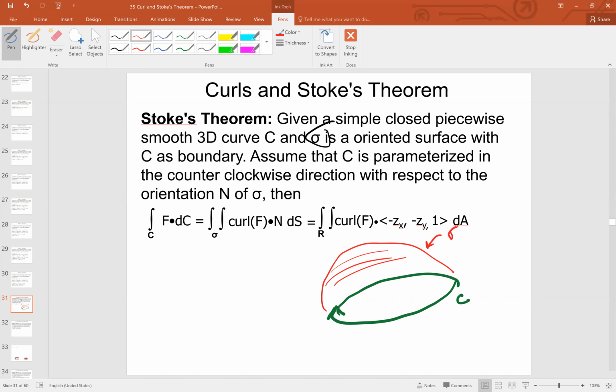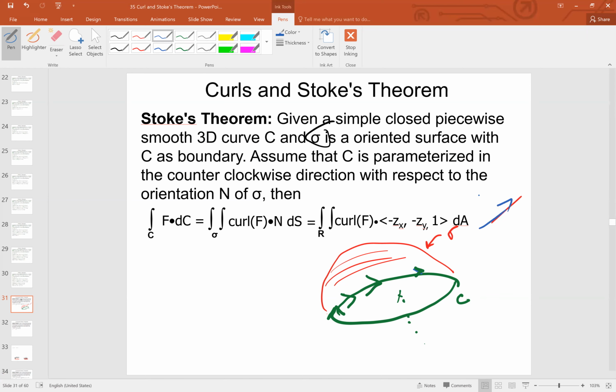It requires us to have C parameterized counterclockwise. The way I drew it, I didn't do it right. If I travel this way, yes, that's correct: the surface is on my left-hand side. Then we have a vector field in three-space.